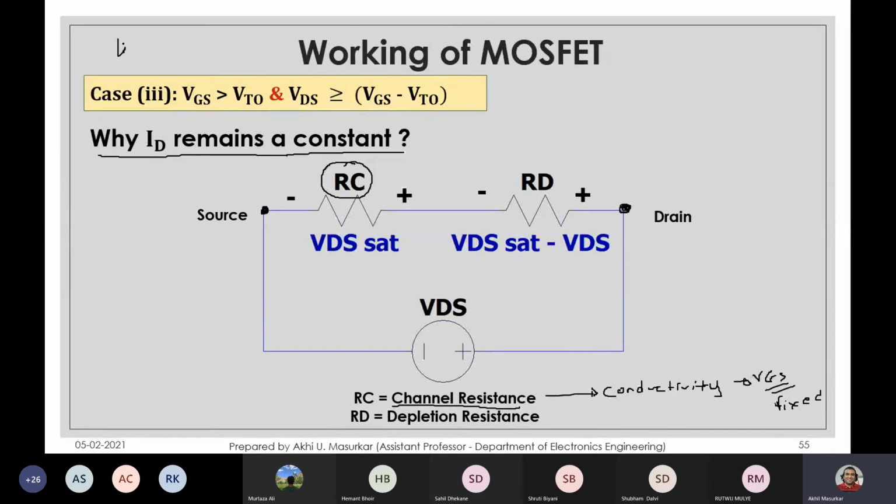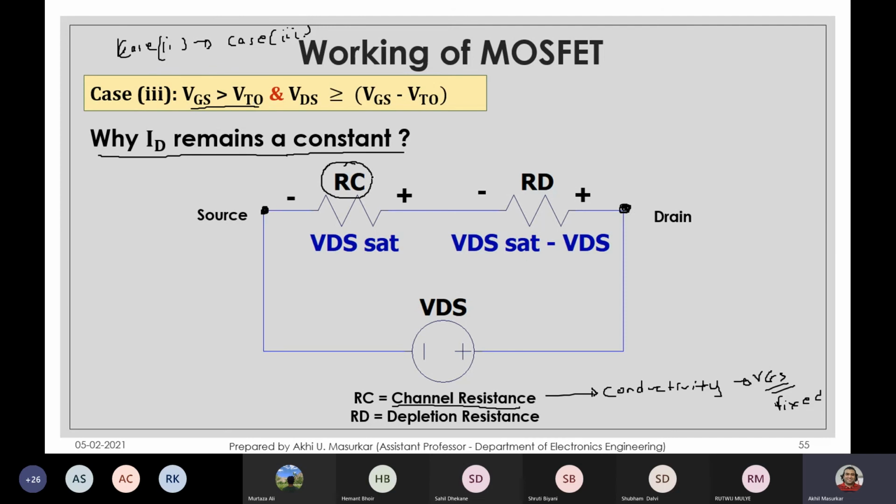When we came from case 2 to case 3, we did not touch the first condition. We did not touch VGS. VGS was greater than VTO in case 2 also, and it was greater in case 3 also.